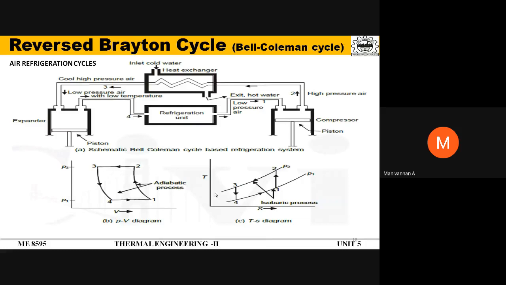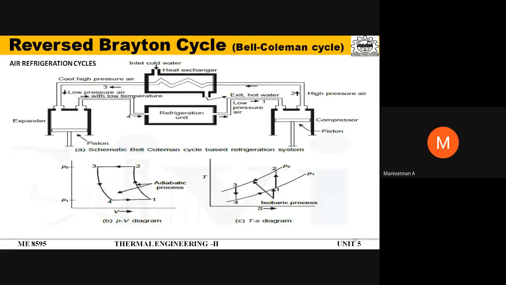So Brayton looked into the system. They slightly modified the two heat addition processes and formed another cycle called the Brayton cycle. You know the Brayton cycle already. Like the Carnot cycle, the Brayton cycle is also an energy conversion cycle that converts heat energy into work energy.